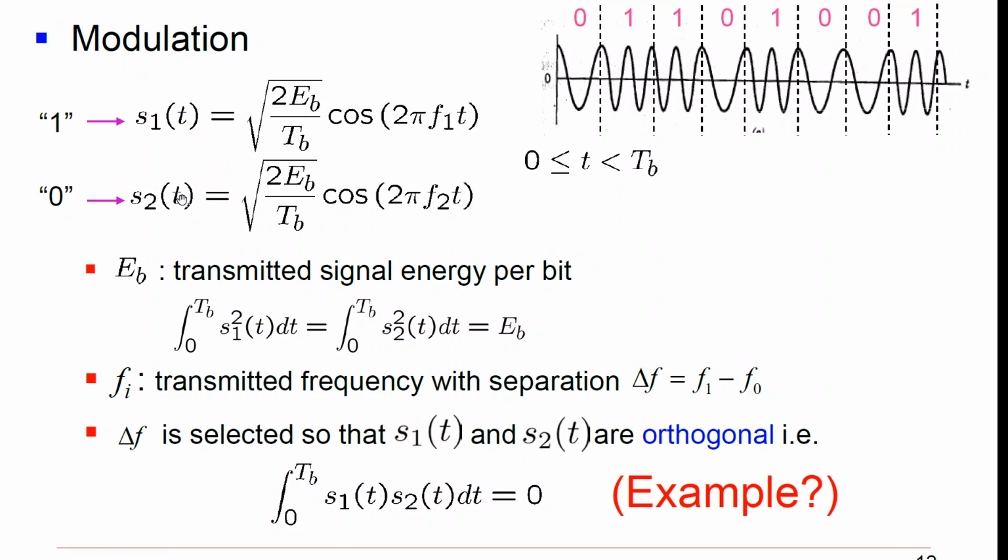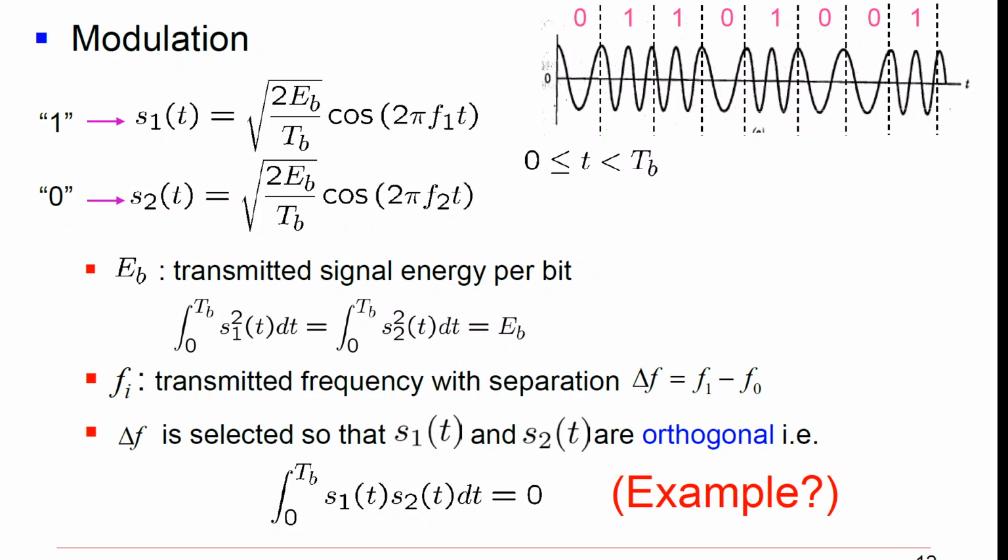So if we are looking for mathematical correctness, I can define phi 1 of t as root of 2 by tb cos 2 pi f1t, and phi 2 of t as root of 2 by tb cos 2 pi f2t, where phi 1 of t and phi 2 of t are the basis functions, and S1 of t is root EB into phi 1 of t, and S2 of t is root EB into phi 2 of t.